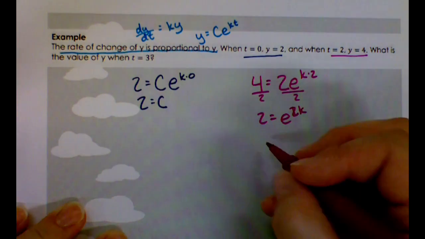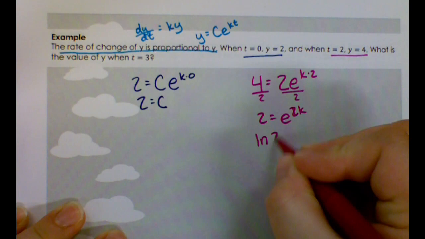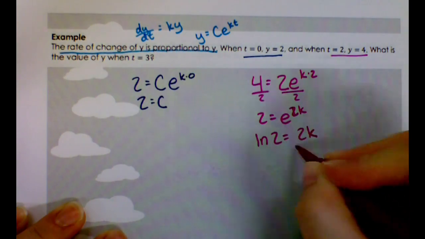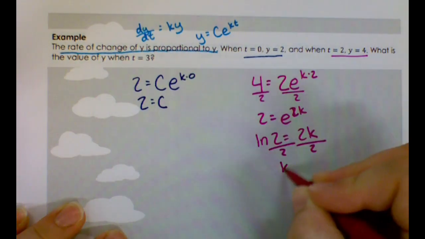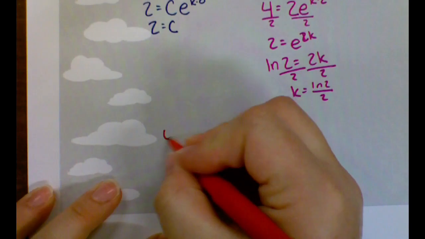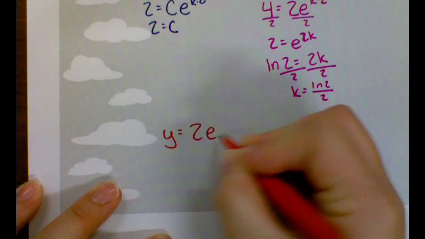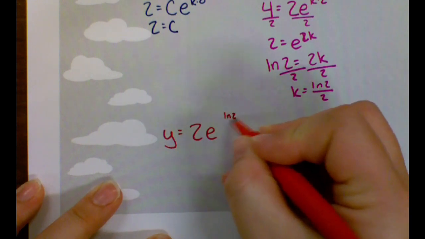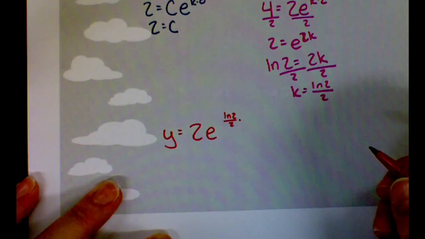To get a variable out of the exponent, we take the natural log of both sides, and then we'll divide by 2. So k is natural log of 2 divided by 2. Now I can use all of that to figure out the value of y when t is 3. So y equals 2e to the ln 2 divided by 2 times t.